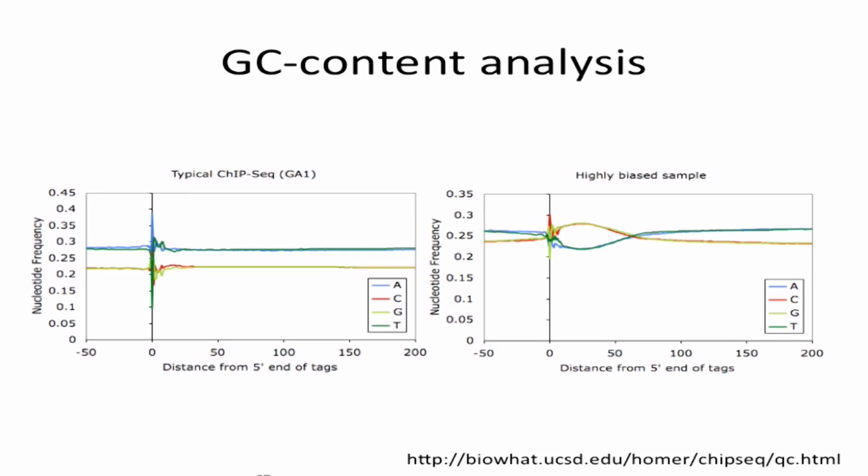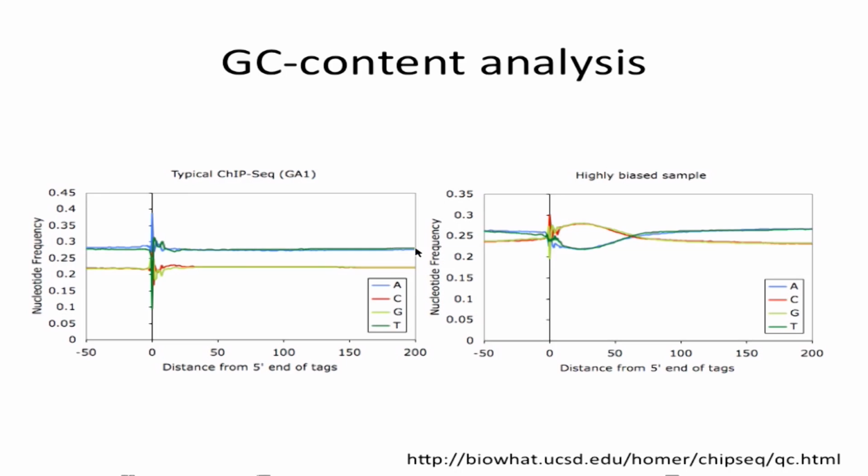Sometimes the index and the adapters are contributing a couple of nucleotides to the beginning. That's why you have this bias here, but the line should be reasonably stable across the entire read.